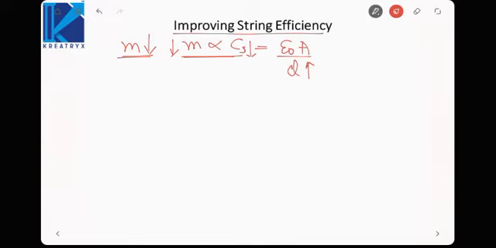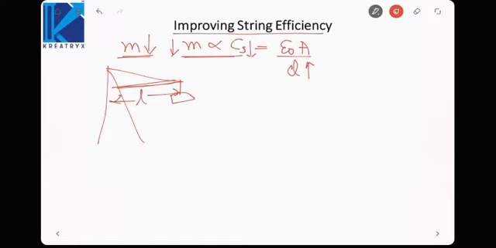Okay. How to increase the distance? We have to increase the distance of the disk from the tower. Now the distance of the disk from the tower will depend on the length of this cross arm. So if you increase the cross arm length of the tower, then the distance of the disk from the tower will increase, due to which M will reduce.